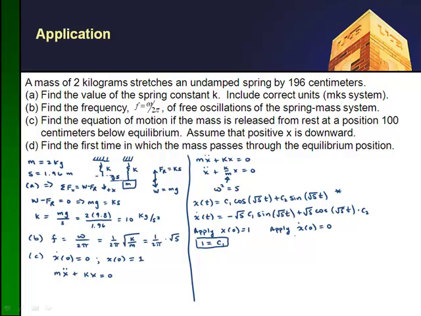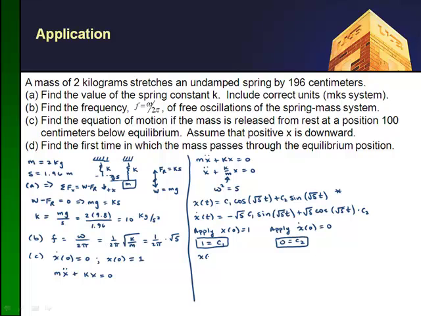If I apply the second condition, which says that the velocity at time t equals 0 is 0, we get 0 equals, in this case, c2, because the sine of 0 is 0, which will get rid of this entire first term. And then here I have the cosine of 0, which will give me a 1. I'll get 0 equals the square root of 5 c2, and c2 must be 0 since the square root of 5 isn't 0, of course.